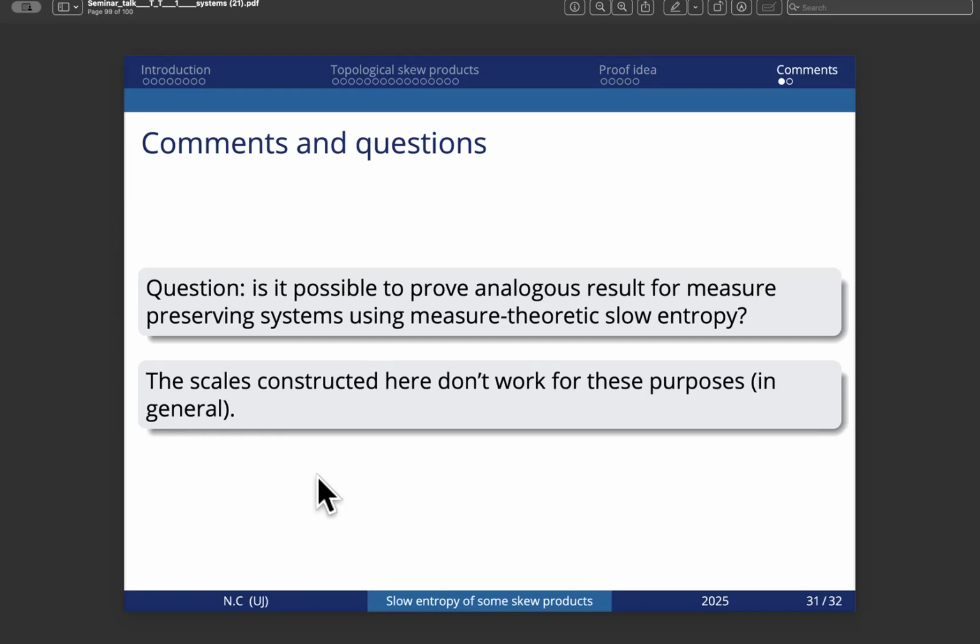Wouldn't one somewhat use some kind of Jewett-Krieger theorem and find the minimal topological complexity of the embedding? Take your general measure-preserving system, try to embed it in a topological system, and then take the minimal possible topological complexity of such a system, and then try to do the same kind of thing, like then use your results, essentially.